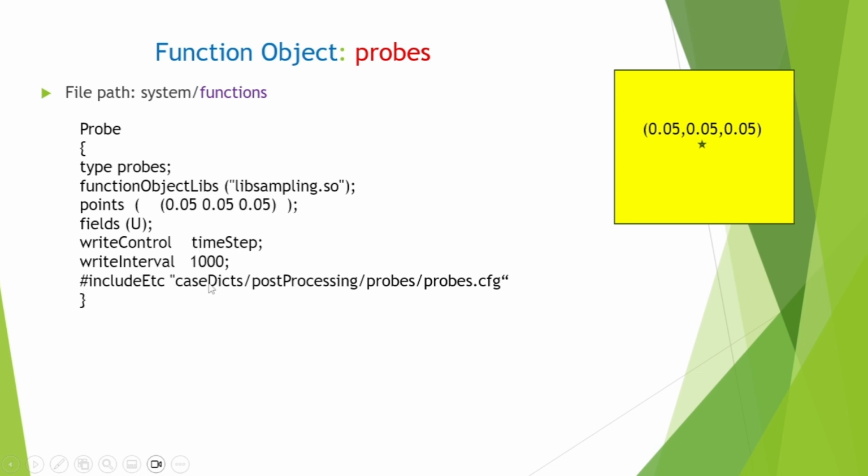And this we usually add so that the results will be saved to the post processing folder. Now for OpenFOAM 12, this syntax is working well and saves the probe data at every time step. Now let us add this syntax in the function file.